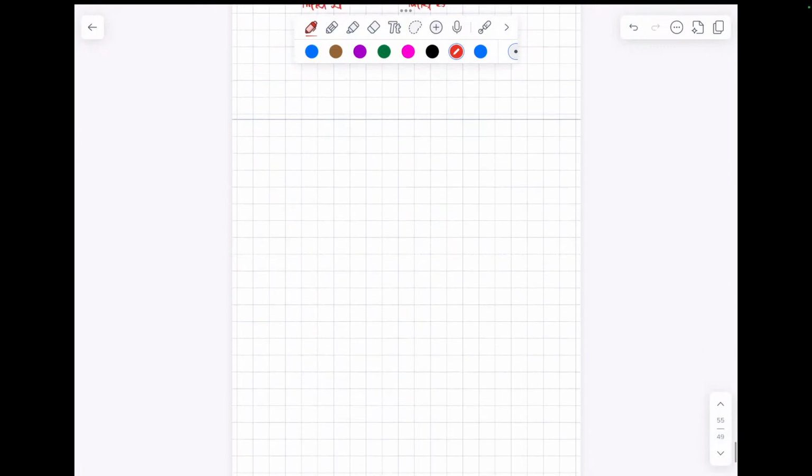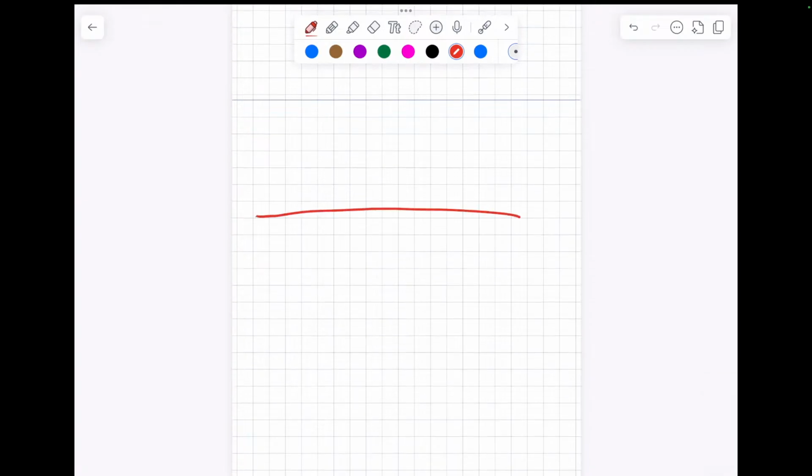So what happens is I'm going to graph this. Am I using all the information? First of all, I'll graph the x-intercepts. Is that okay? And I also point out the relative minimum.